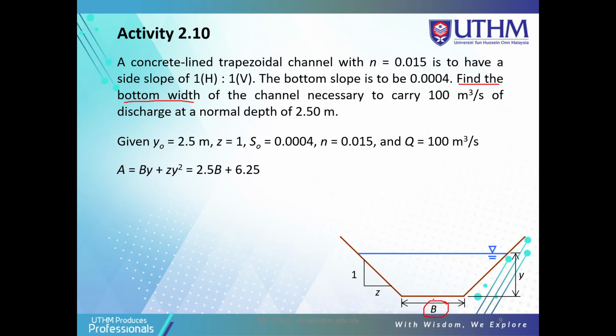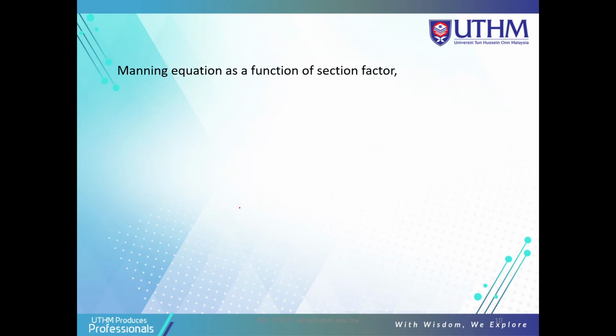So first you must use the formula of the area of the trapezoidal, in terms of b, because you want to find b here. The P formula is also in terms of b, and the R is also in terms of b. So use the Manning equation as a function of the section factor.